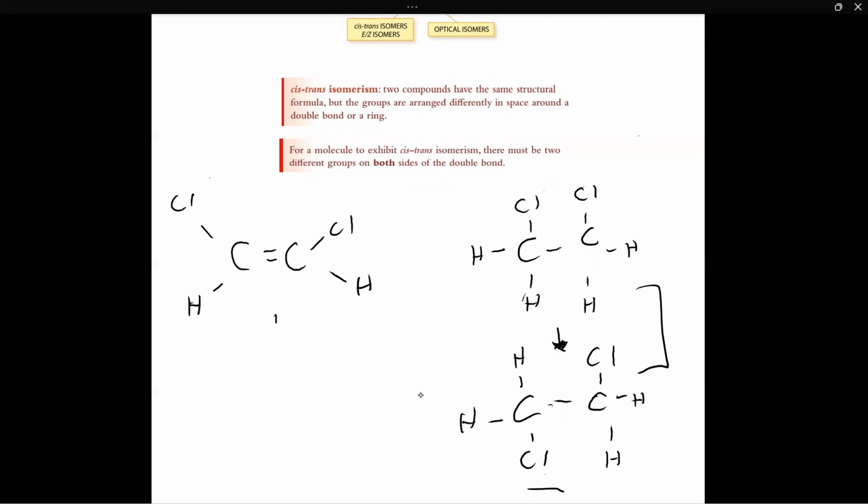However, for this compound, which is dichloroethene, if I do this, now these two compounds are not the same. These two compounds are definitely not the same. There is a difference in these compounds.